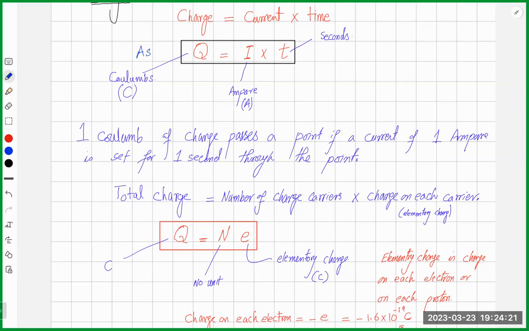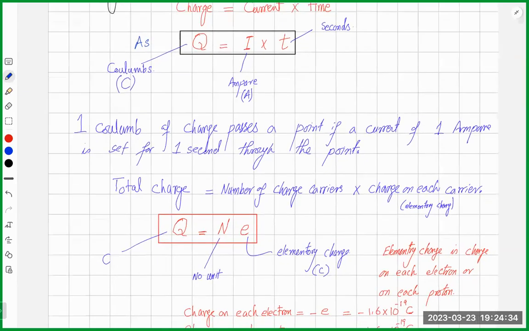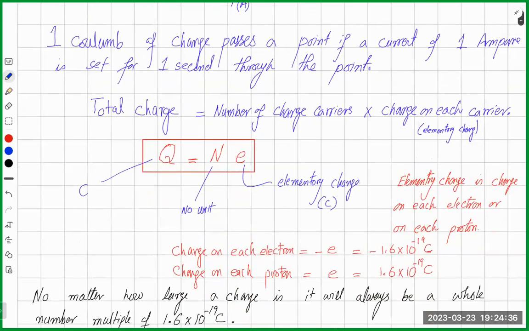So if you want to find the total charge, it will always be a whole number multiple of a fixed number. That number is known as the elementary charge. So here's the relationship: total charge equals the number of charge carriers multiplied by the charge on each carrier. The charge on each carrier here will be the elementary charge.